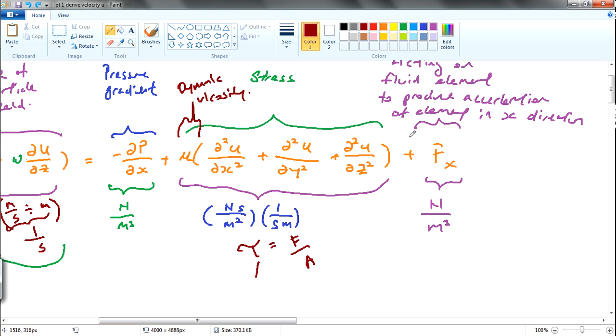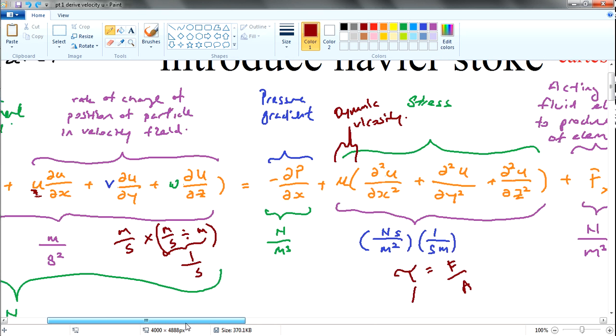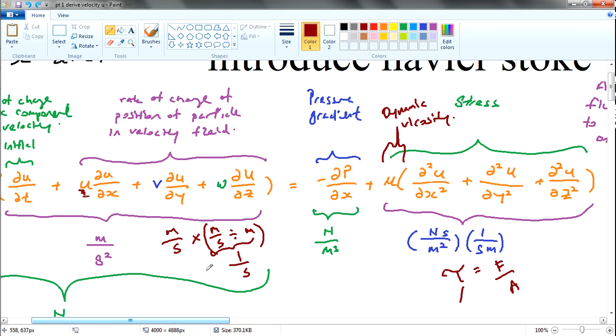And then for this part is the force. This force is Newton per meter cube. Know that this force is acting on the fluid element to produce an acceleration of the element in x direction. So as you can see, this whole equation is actually to describe the element itself, the particle itself.